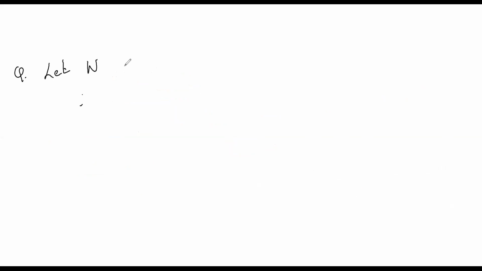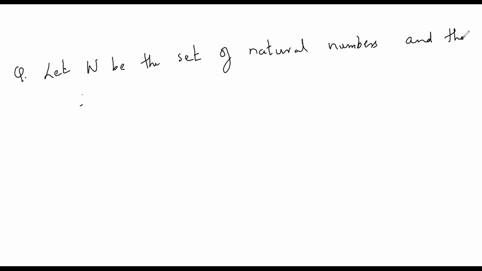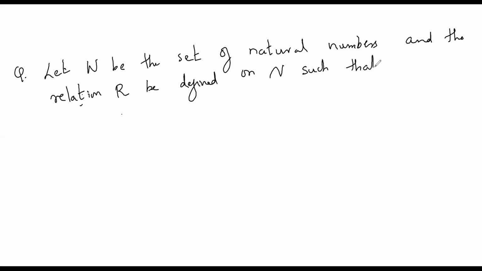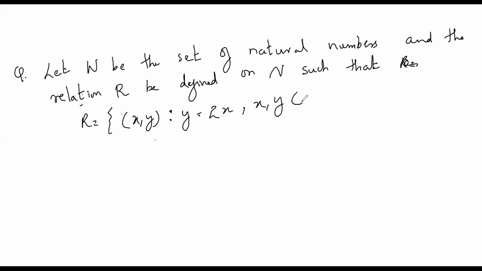Let N be the set of natural numbers and the relation R be defined on N such that R = {(x, y): y = 2x, x, y belong to N}.